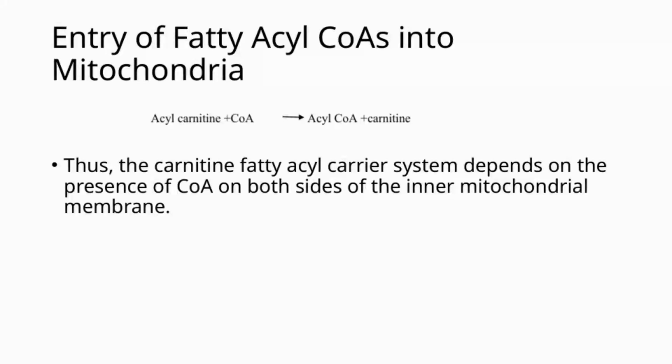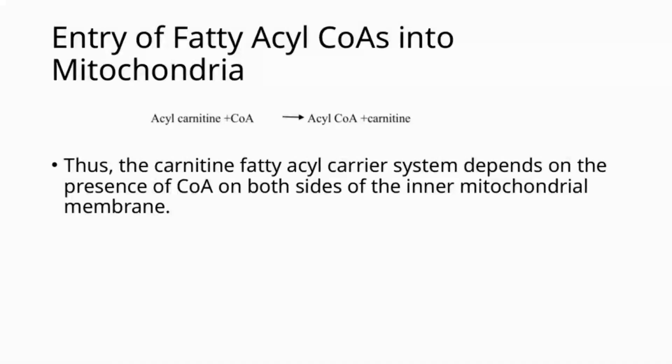When fatty acyl-CoA molecules are ready to enter, they first need to be converted into a form that can cross the mitochondrial membrane. This is where the carnitine shuttle comes into play, helping transfer fatty acids into the mitochondria so they can be oxidized for energy. It's a finely tuned system that highlights how vital CoA is for energy metabolism, especially in the context of fatty acid breakdown.